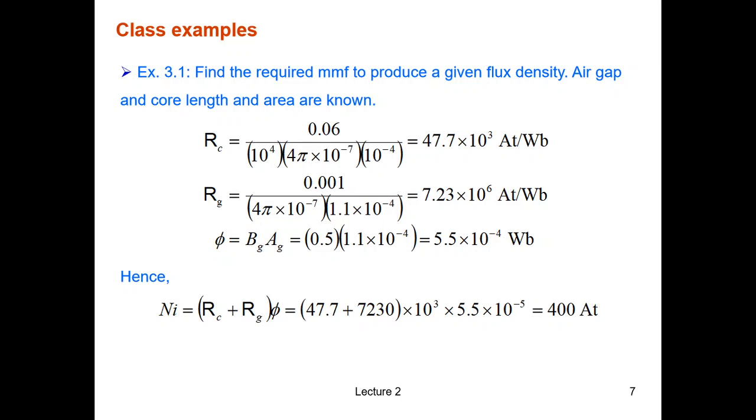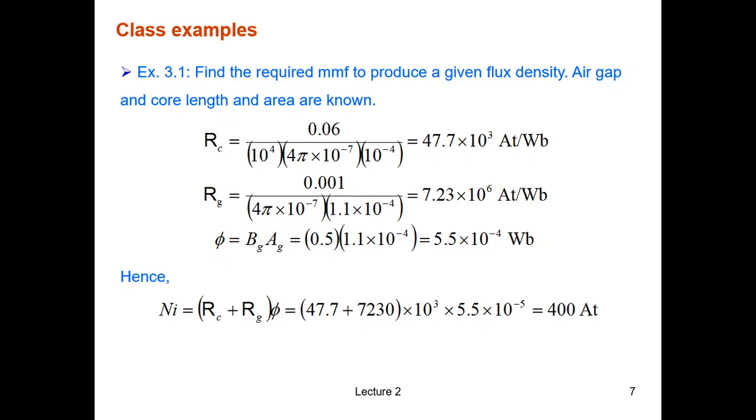After calculation, since we know that they are in series, we can calculate the total reluctance and multiply it by the required flux to get the required magnetomotive force, the MMF. We may have many ways to implement this MMF requirement.